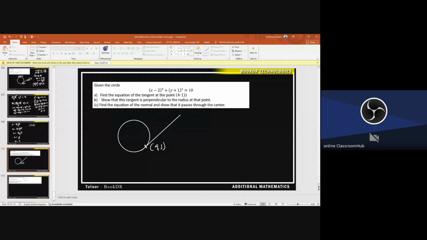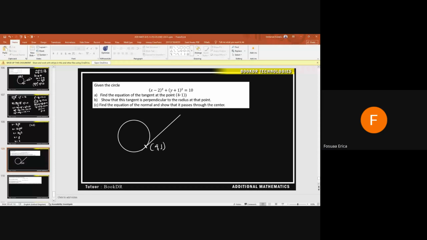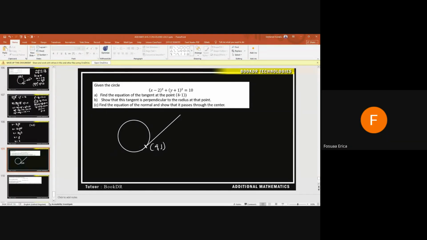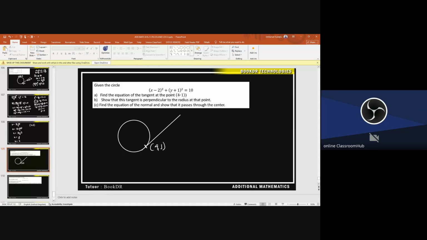What is the center of the circle? Hello? What's the coordinate of the center?